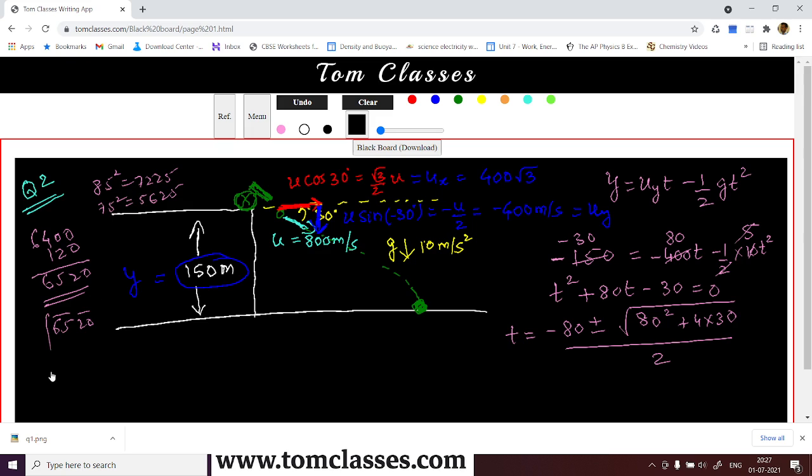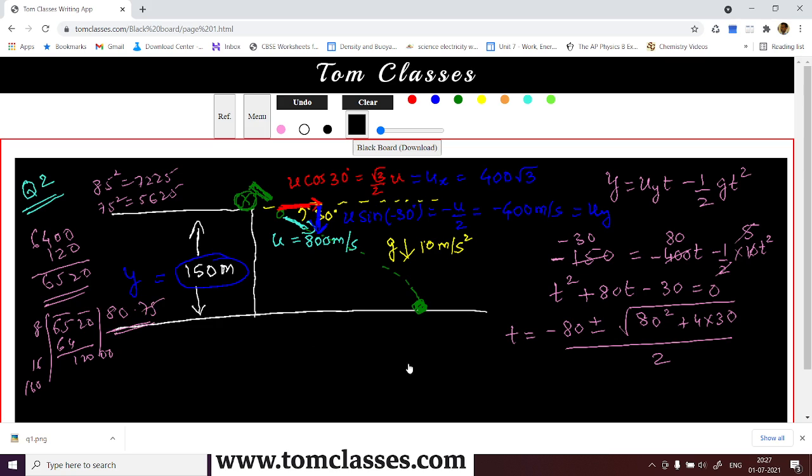Let's try to find the square root: 8 squared is 64, and the remainder is 120, so it is 80 point something. It is going to be around 80.9, or let's work it out with the calculator. The square root of 6520 is 80.75.